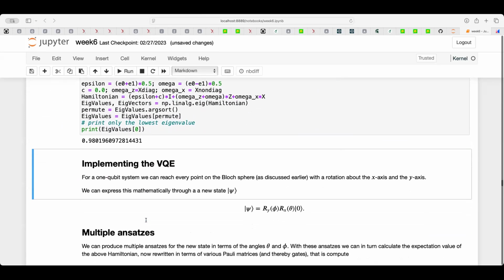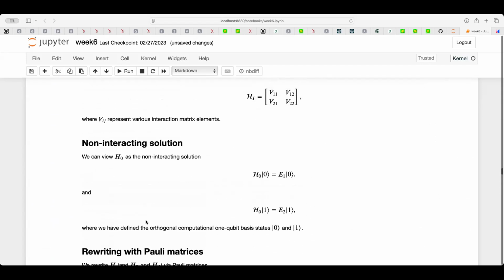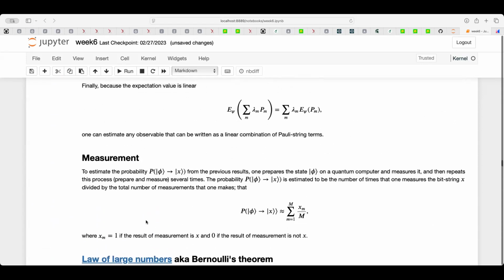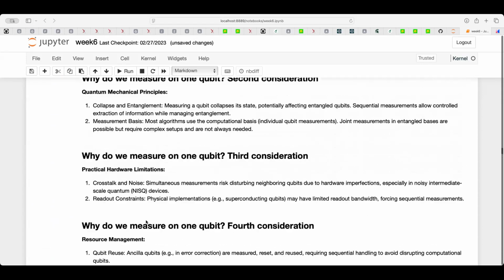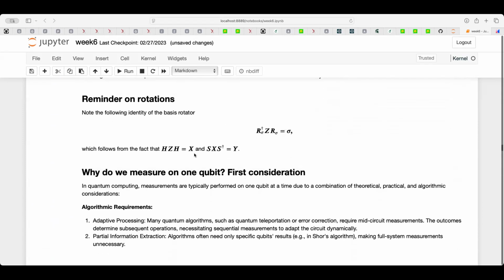Now, what we are going to do is implement the VQE ansatz for that specific simple case. Just keep in mind, if we scroll back a little bit, that we have taken these Pauli matrices. So we are going to rewrite the Pauli X in terms of a Pauli Z times the Hadamard matrices.